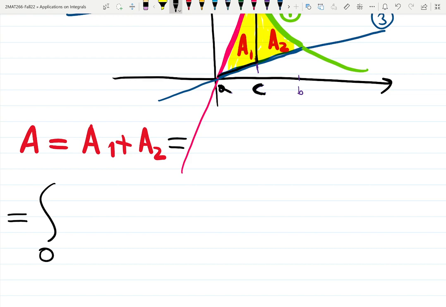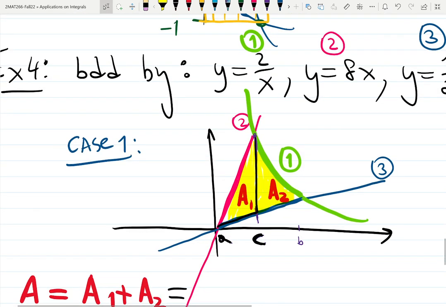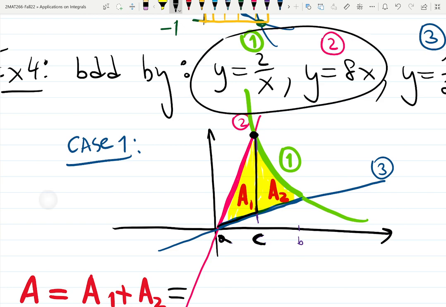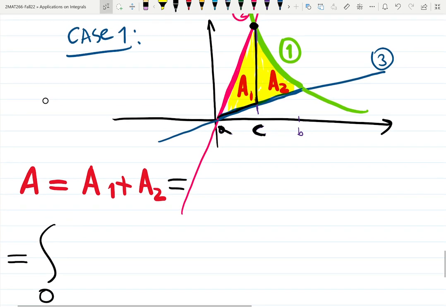You can see it's 0. What is C? You have to find it by solving, or you actually find what kind of intersection we need. C is the intersection of 2 and 1. This one. So if you solve this system of equations, you will get 1/2. I will just let you know that it is 1/2. So it's from 0 to 1/2.